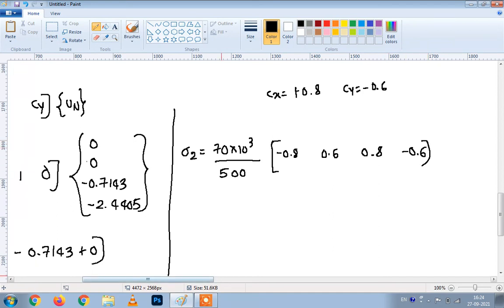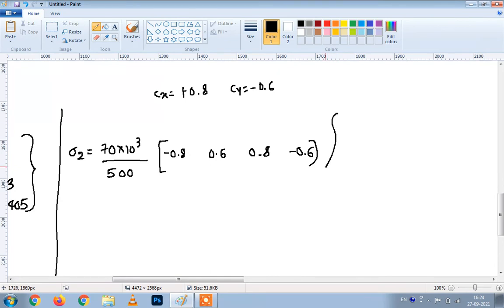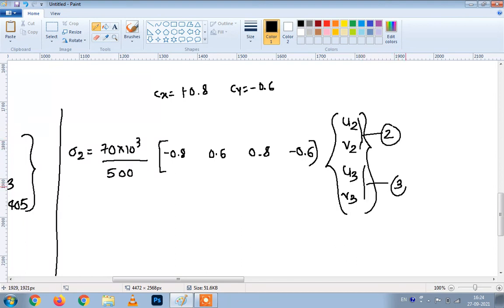Now element number 2 is connected between nodes 2 and 3. So we will get here U2 V2 U3 V3. Nodal displacement, this is associated with the second node point, this is associated with the third node point. So sigma 2 is equal to 70 into 10 raised to 3 divided by 500, as it is.